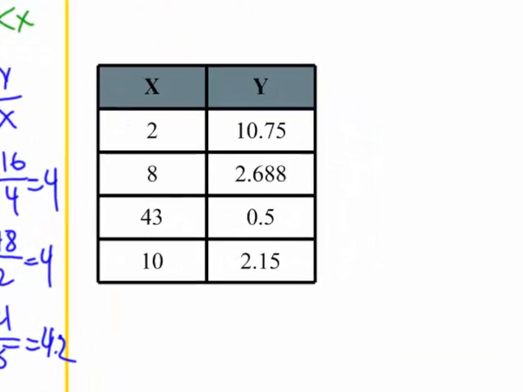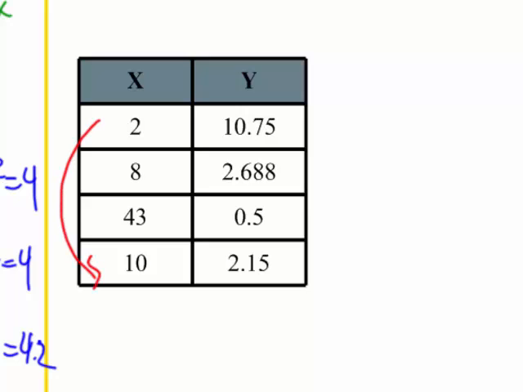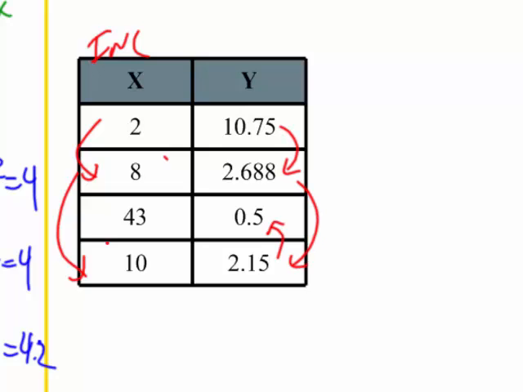How about this one? Okay, as x increases, what's happening to y? It's decreasing, decreasing, okay, this one's decreasing. So I'm thinking inverse. Well, I better double check. So now what is my equation? Y equals k divided by x.